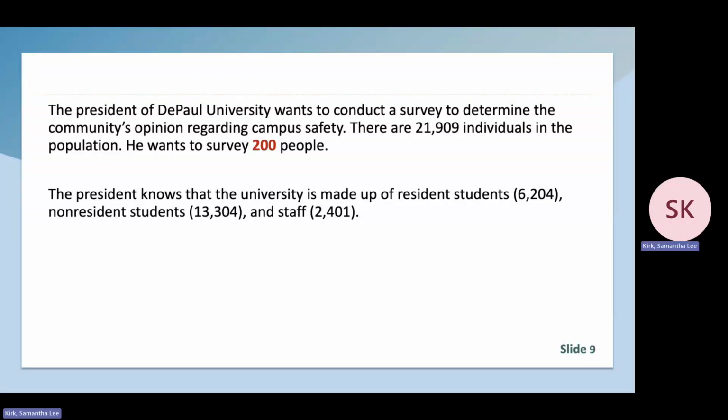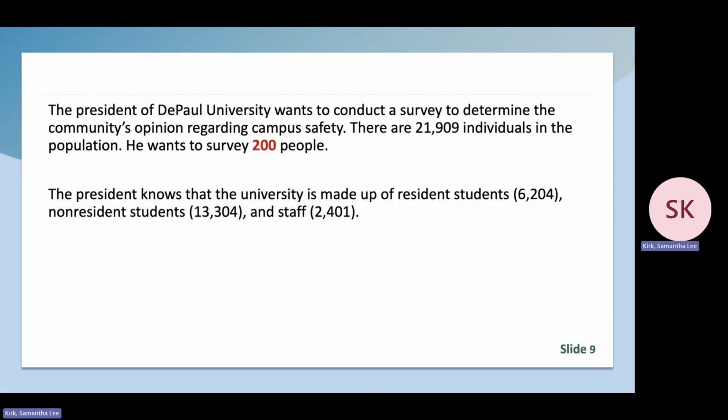Because the amount is so small compared to the population, when we ask a computer, like if the president has a spreadsheet of all the individuals at the university, it may miss certain groups. So, for example, the president knows that the university is made up of resident students, non-resident students, and staff.